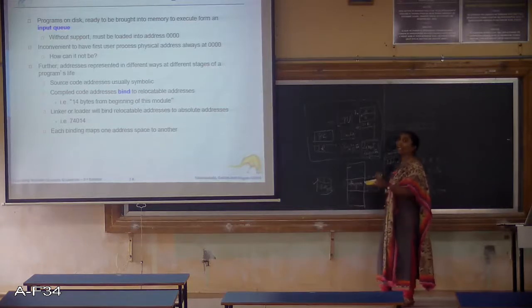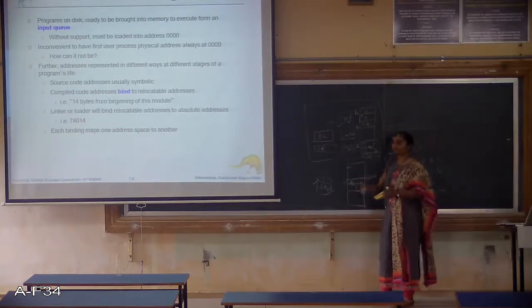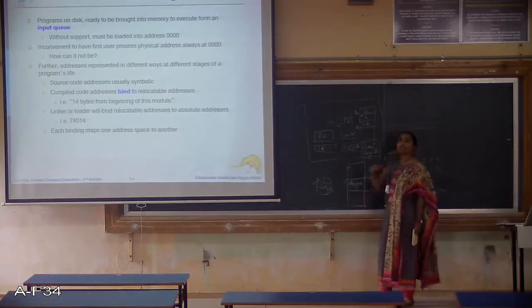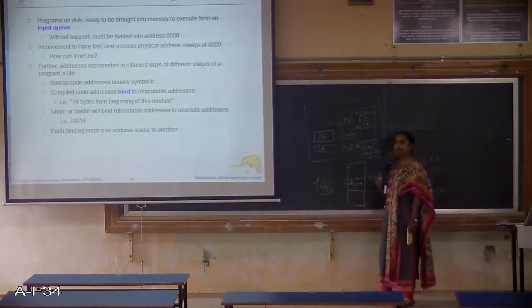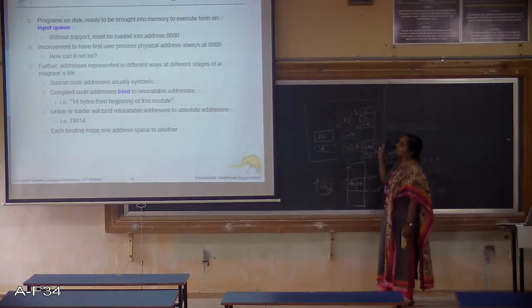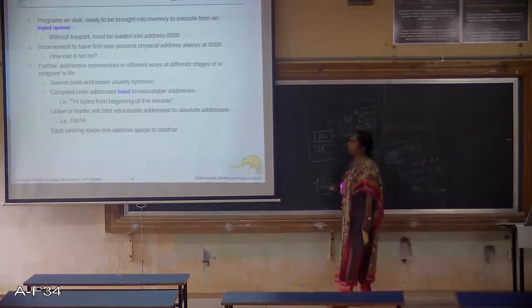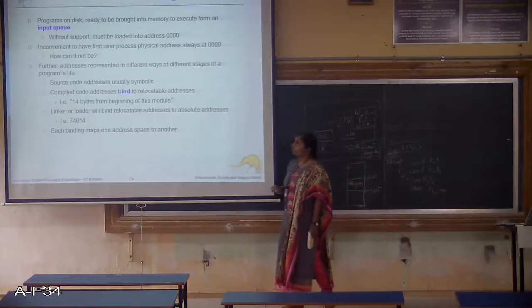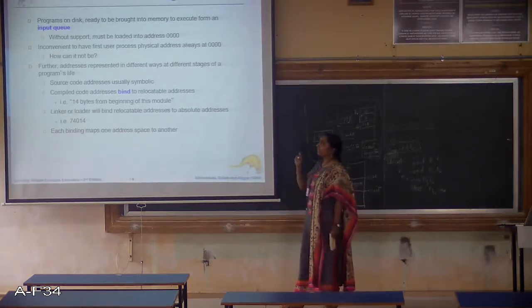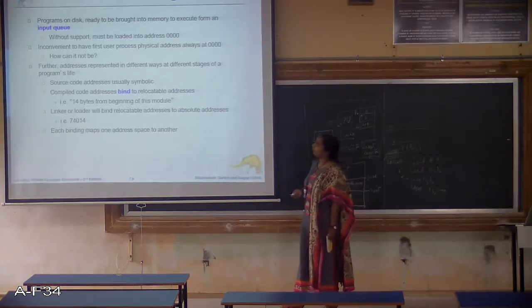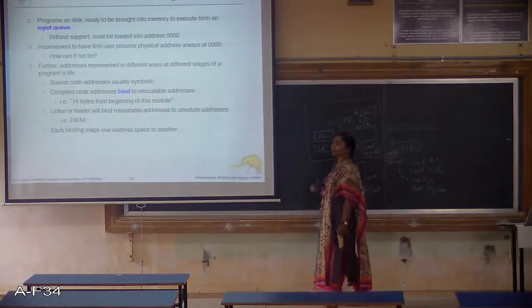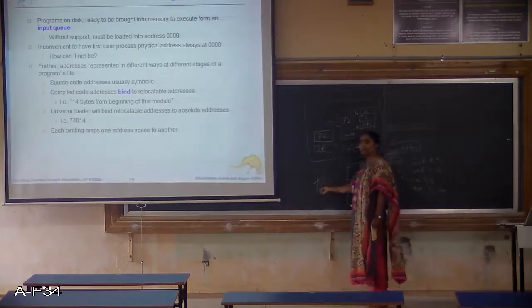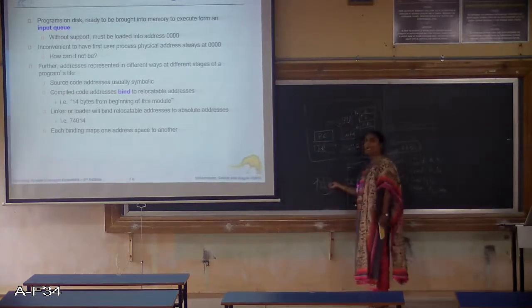A logical address is nothing but a relative address. Relative address means from the base register it is at the 32nd position. So we are expressing the address in terms of relation to the base register, what location it is present at. That's why it is called a relative address, or a logical address, or a virtual address. So this binding of addresses has to be done. So what is this binding of addresses?